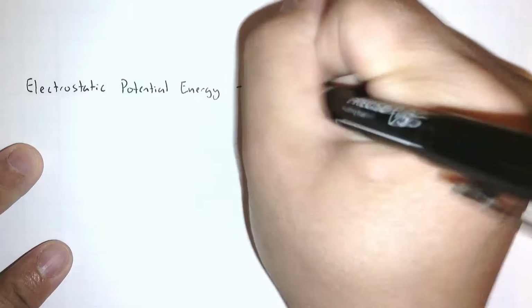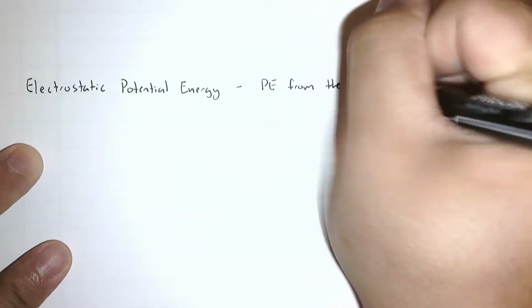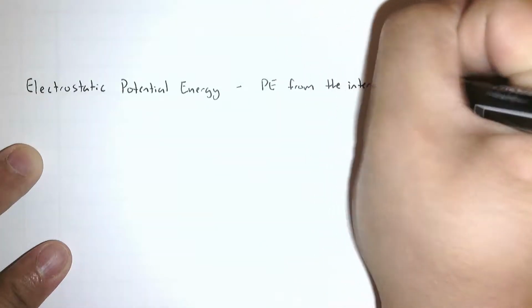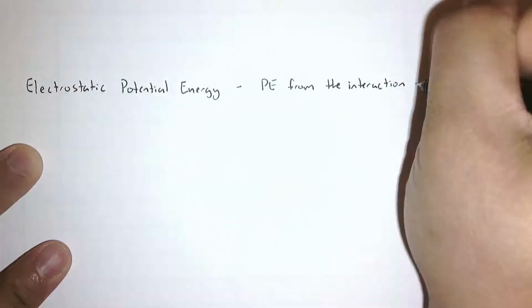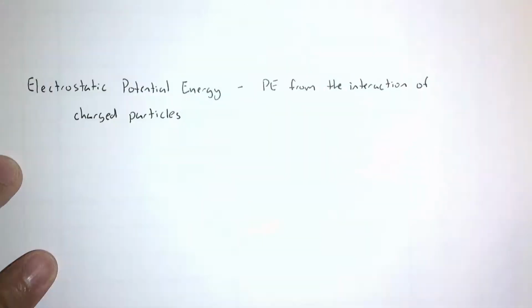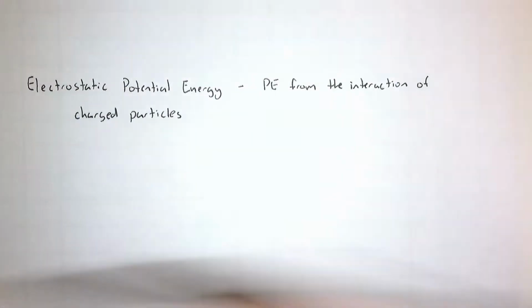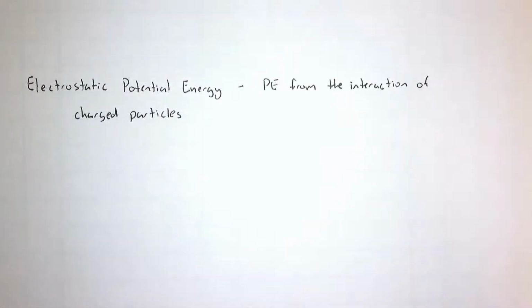This is potential energy from the interaction of charged particles. Now these particles can be a single electron, a single proton, or they could be a nucleus which has many protons, or an atom that has many electrons.